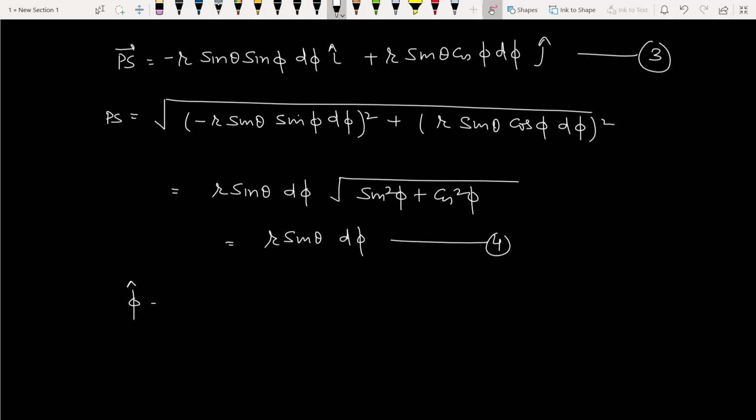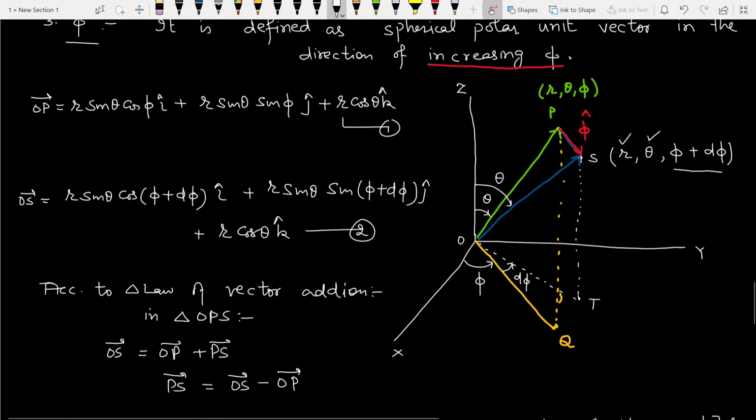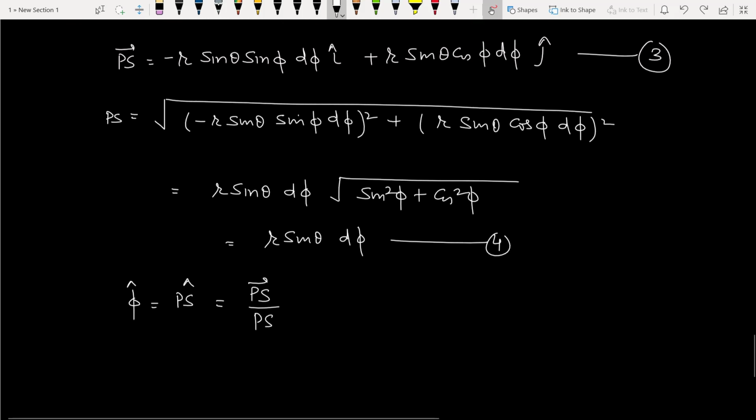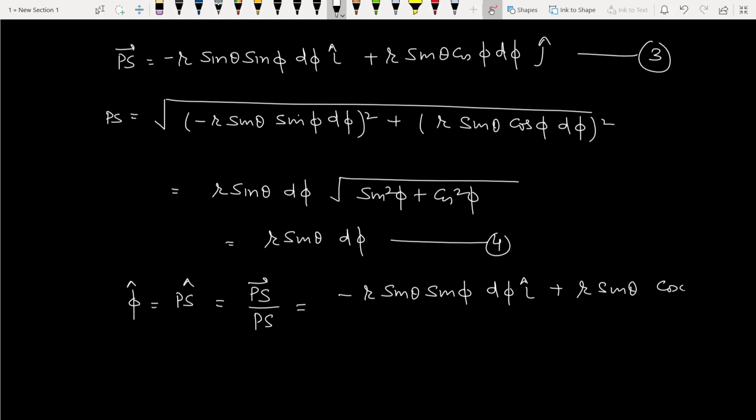So phi cap, which is PS cap, it is PS vector divided by PS as we have depicted in the diagram. So phi cap is PS cap. So it is PS vector divided by PS. So PS vector is r sin theta sin phi d phi I cap plus r sin theta cos phi d phi j cap, divided by r sin theta d phi.